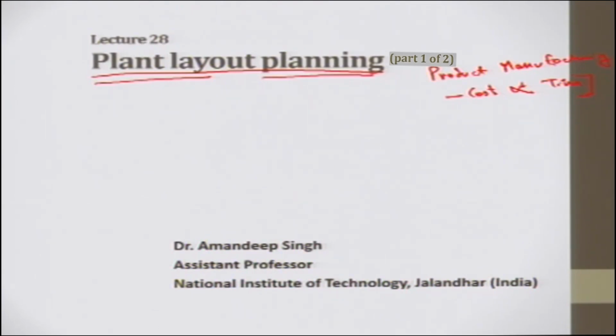In a factory, material handling is there. The product has certain complex characteristics. Certain products are very complex, certain products are simple to manufacture. So there needs to be some specific arrangement of the equipments and tools and the movement of workers, material handling, so that the product time is minimum and the cost is also very much optimal.